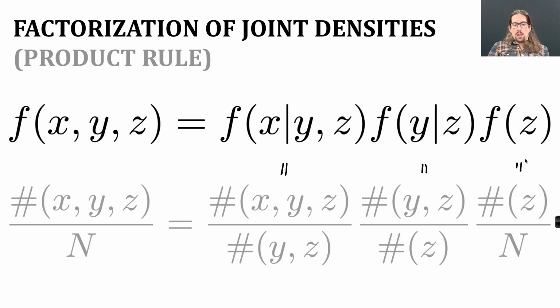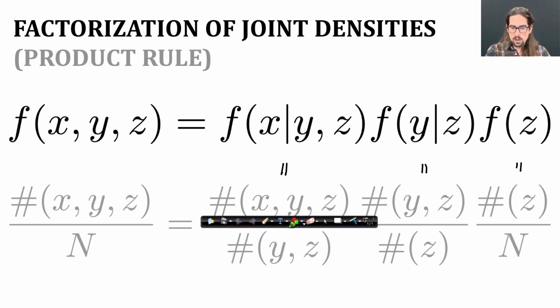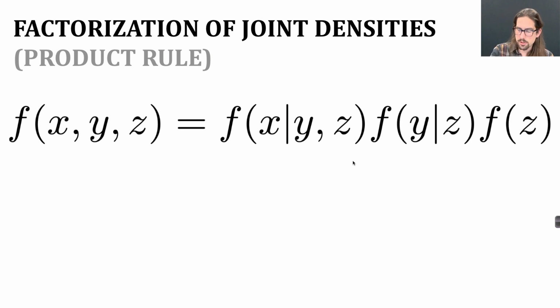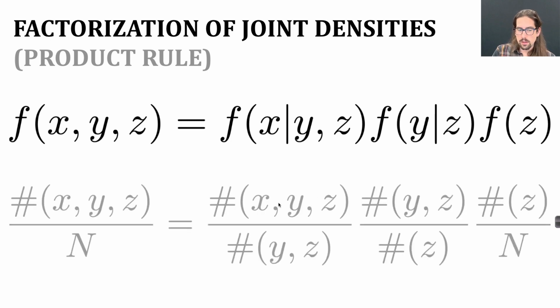So I can always factorize a joint density like this, and moreover, the order in which I choose to do this factorization is not unique. I'll write it here. I could have done this a different way. I have the count of x, y, z over big N. Instead of dividing by the count of y comma z, I could have divided by the count of x comma z.